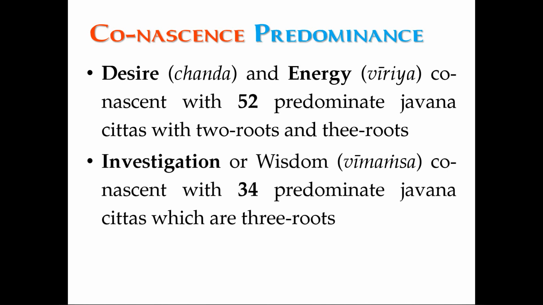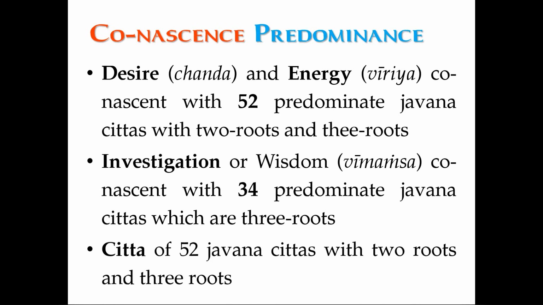And investigation or wisdom is connected with 34 predominant javana chetas, which are 3-root only: alobha, adosa, amoha. We have only 34 three-root javana chetas. And the chanda and energy are connected with the 52 javana chetas with the 2 roots and 3 roots.